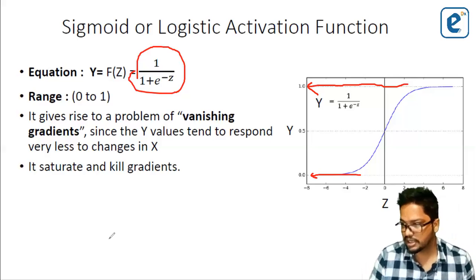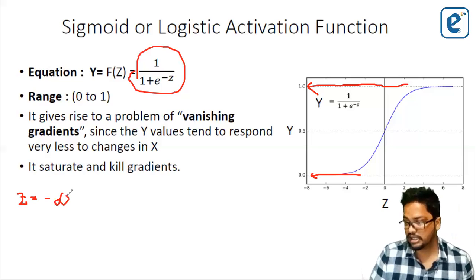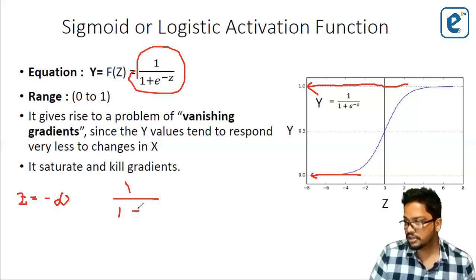Let's say the Z value is minus infinity, the smallest value that we can have. Then this will be basically 1 over 1 plus e to the minus minus infinity.